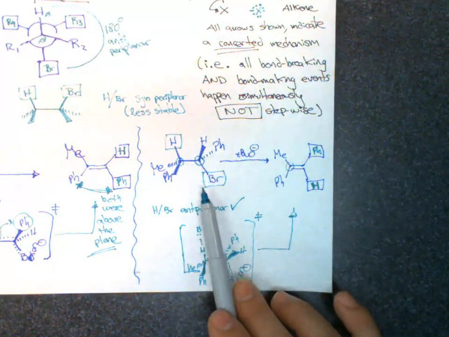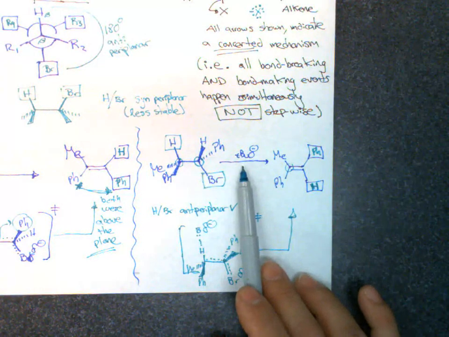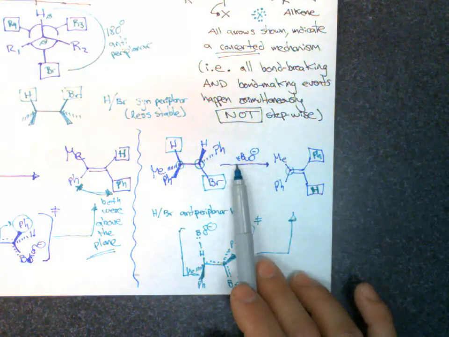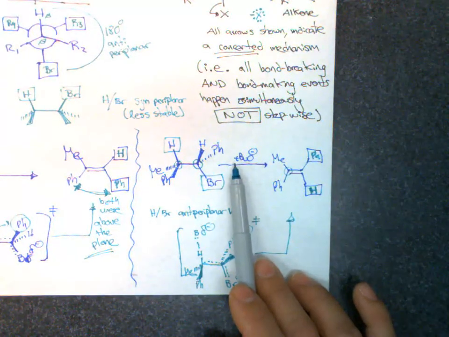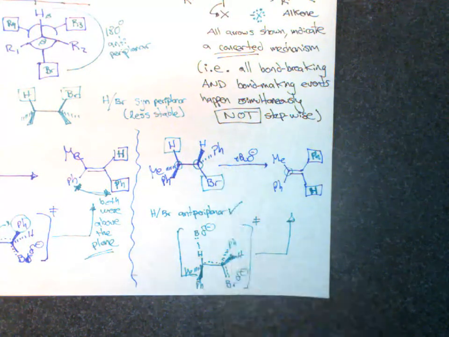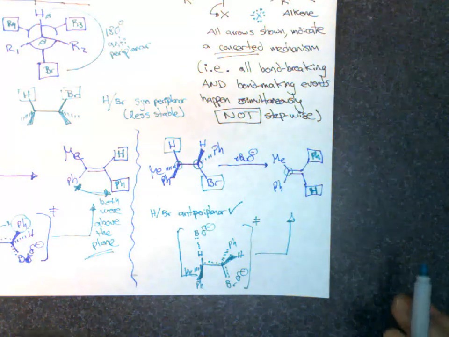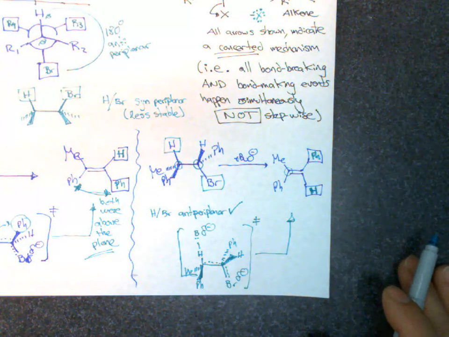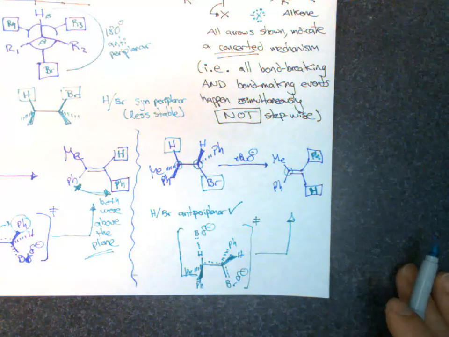But if you have t-butoxide, it's kind of rare that you're going to have an SN2 because t-butoxide is very bulky and it's highly basic. But if you don't have an anti-periplanar arrangement, then there's no possibility for E2 elimination, or the rate is going to be very, very small, a very, very slow reaction. And so in those cases, possibly an SN2 is going to be favored over an E2.